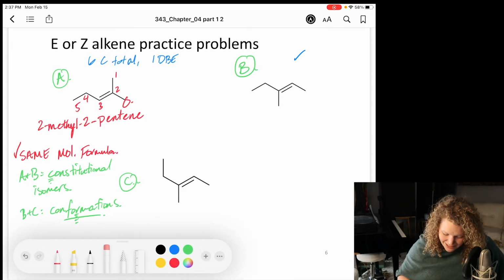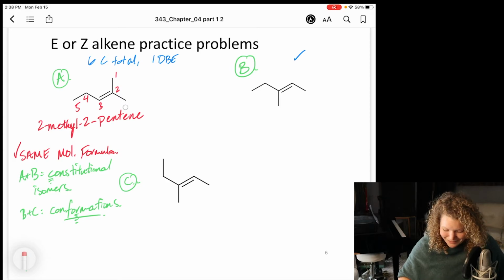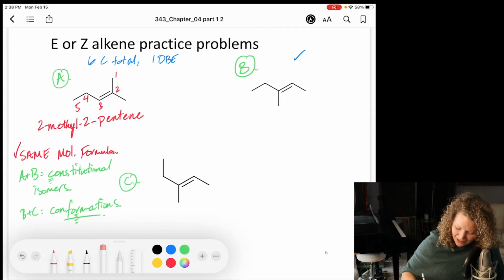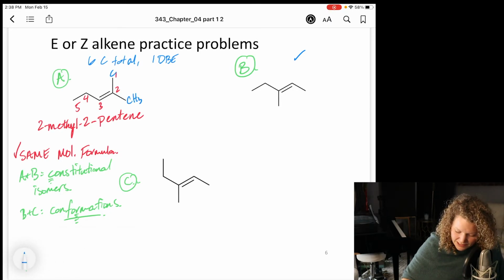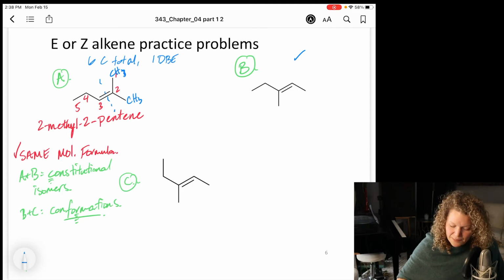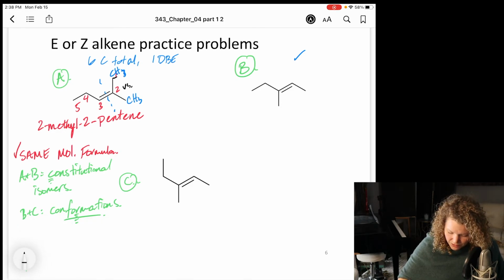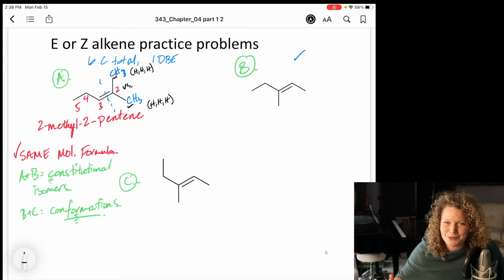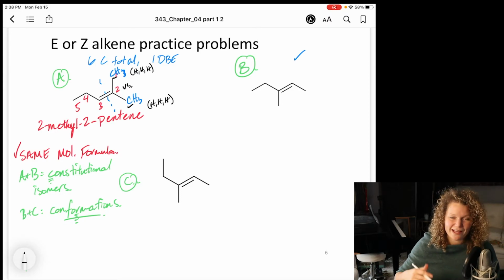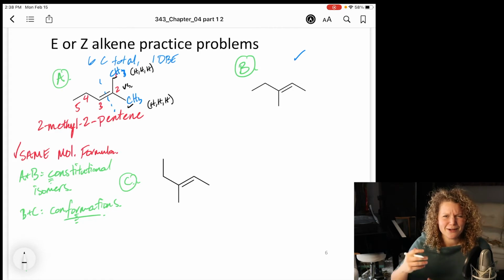This is where E or Z doesn't actually apply. Trick question. So in this case, we have these methyl groups on either side. CH3, CH3. So if I were to draw my dotted line and compare the right side, and I say, okay, carbon versus carbon, it ties. And I have H, H, H versus H, H, H. Well, this is also a tie. So when you have two groups that are the same, it doesn't matter if you flip those two.